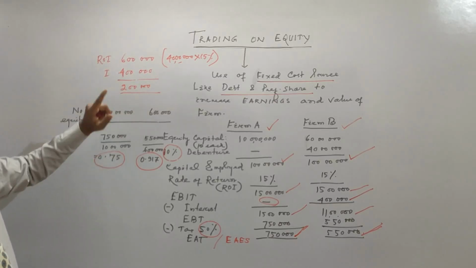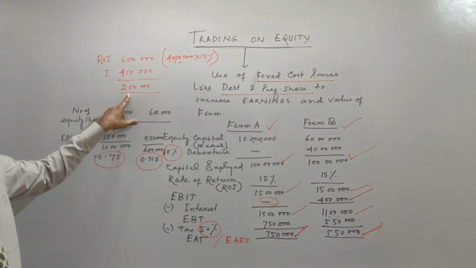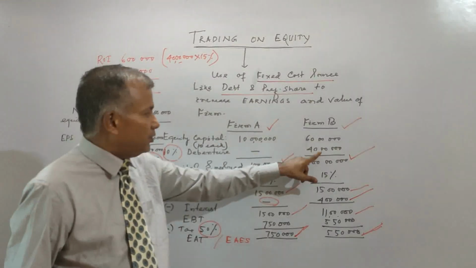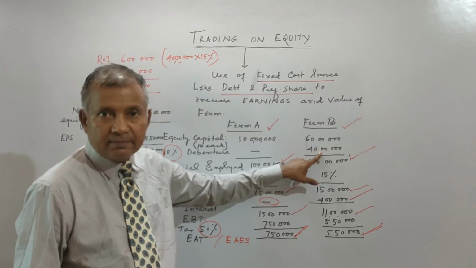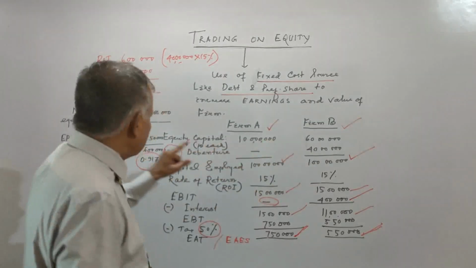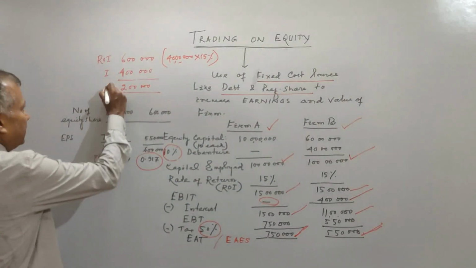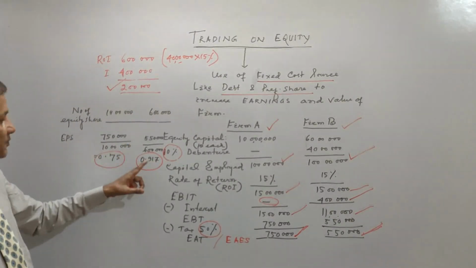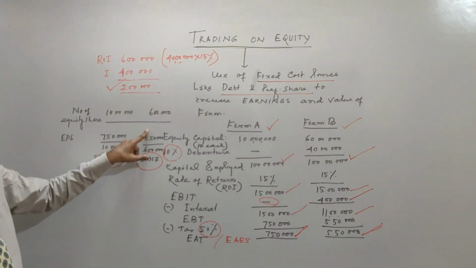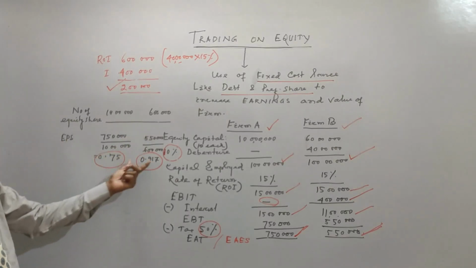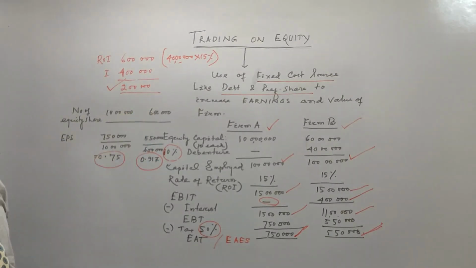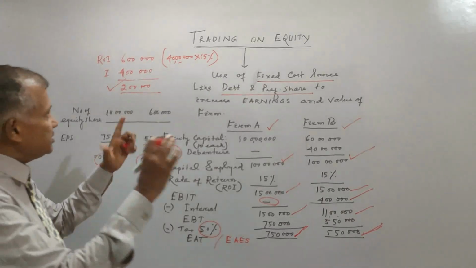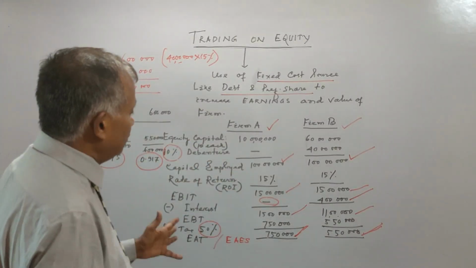So, net gain of 2 lakh out of this 40 lakh of investment. This 2 lakh gain will automatically go to the earnings of shareholders and the EPS, earnings per share, increases. So this is your trading on equity.